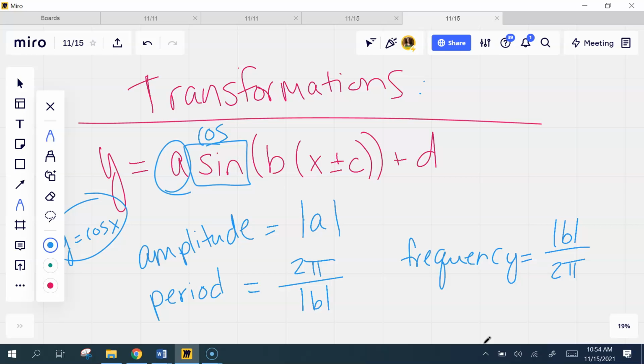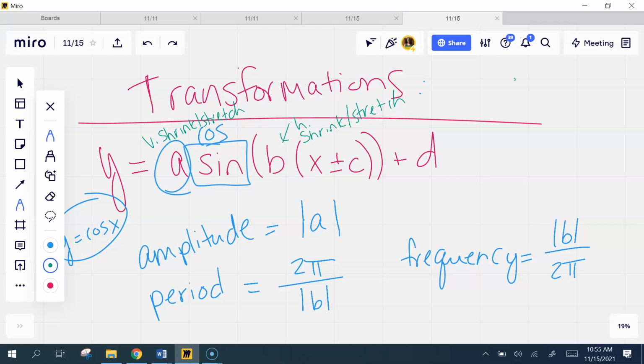All of my other stuff still stays the same. This is still vertical shrink or stretch. Horizontal shrink or stretch. But notice how it's factored out. Do you see that? How it's in parentheses there?